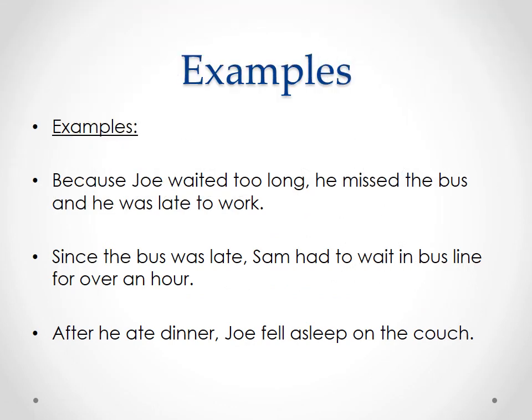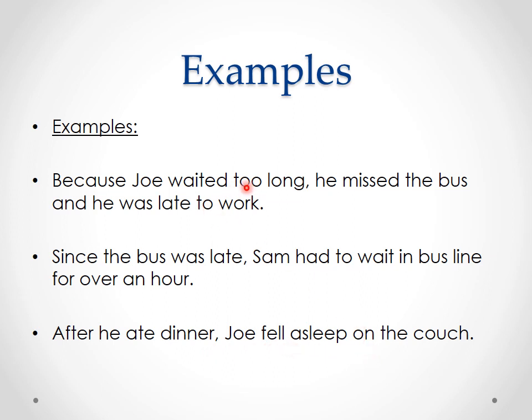Now a few examples. Because Joe waited too long, he missed the bus and he was late to work. Since the bus was late, Sam had to wait in the bus line for over an hour. After he ate dinner, Joe fell asleep on the couch.